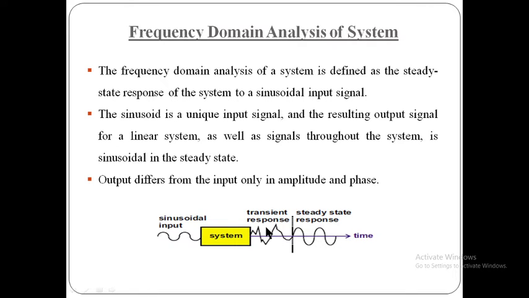Transient response means it is continuously changing with time, but the steady state response is a steady one, where it does not differ by more than 2%. So the output and input differ only in the amplitude. Here it is the amplitude and here is the phase. Phase means the difference between the points where the response wave or sine waves intersect the horizontal axis.